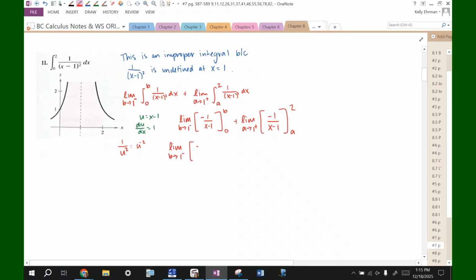Here's me just plugging in my numbers. Oops. Sorry, I am really all over the place here. Okay. Negative 1 over b minus 1 minus negative 1 over 0 minus 1. And then the limit as a approaches 1 on the right of negative 1 over 2 minus 1 minus negative 1 over a minus 1.